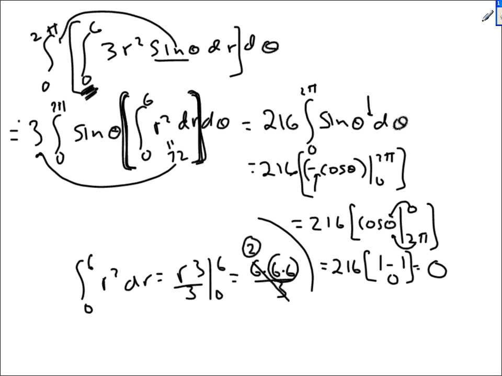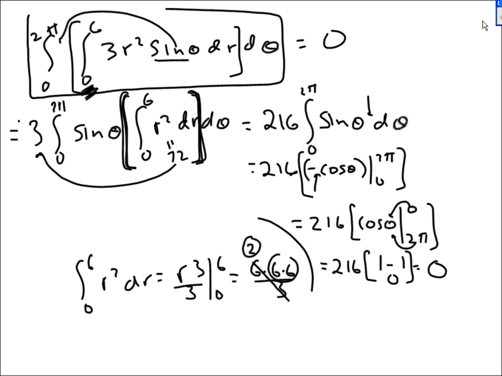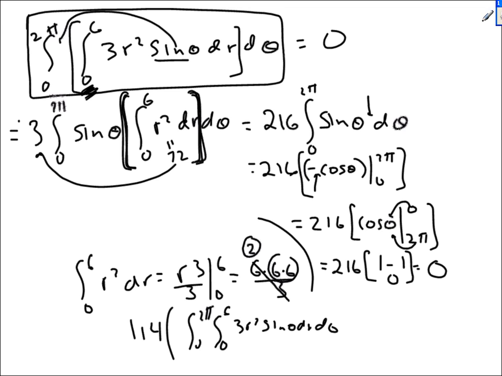So the very top line is just a complicated way of saying 0. Somebody asked you, and you probably didn't know it 5 minutes ago or 20 seconds ago. You probably won't know it tomorrow. But right now, somebody asked you, what is 114 times the integral from 0 to 2 pi of the integral from 0 to 6 of 3r squared sine theta dr d theta?